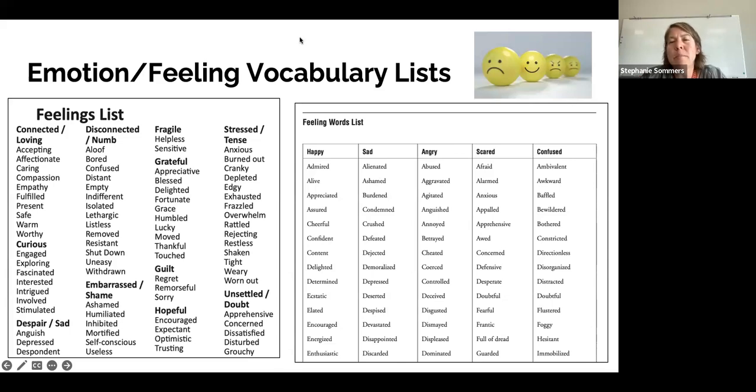You also wouldn't have to make the categories for sorting so simple. Rather than positive and negative, you could try something like motivating, demotivating, right? To make this feel a little more advanced for those of you who work with higher level students.